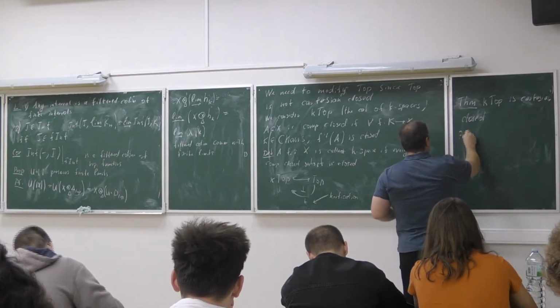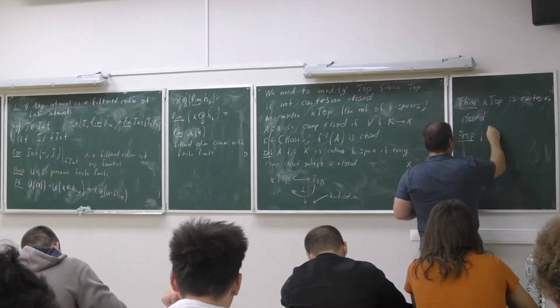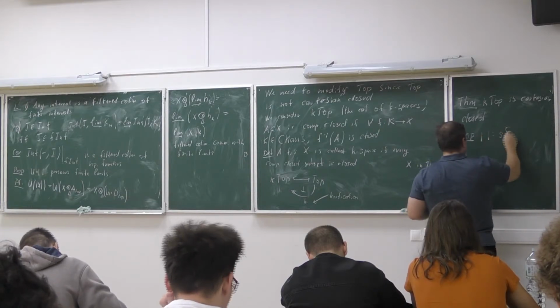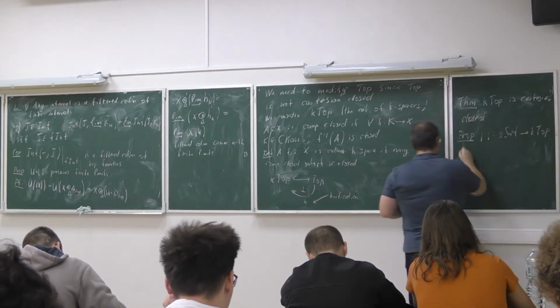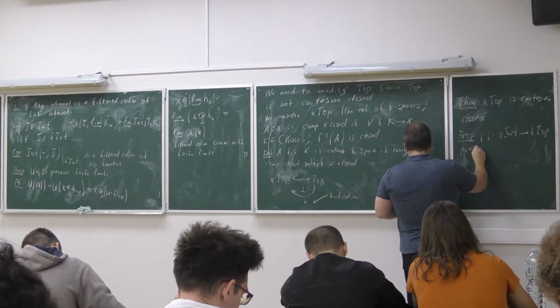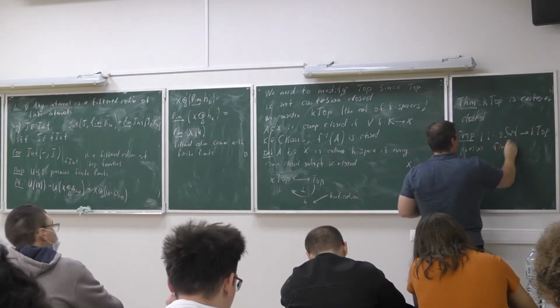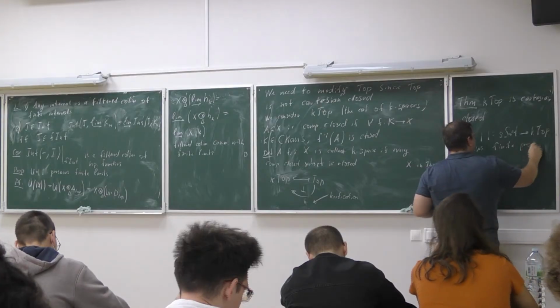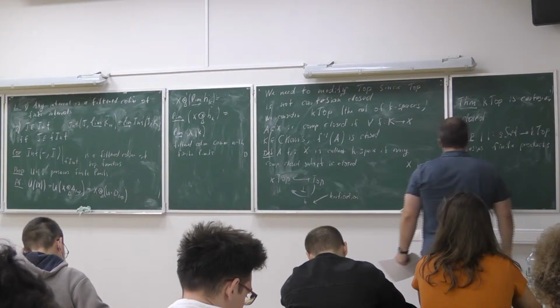What I want to prove and to finish today's lecture is the following. The geometric realization from simplicial sets to K-Top preserves finite products, and as an exercise, you can do the binary equalizers.